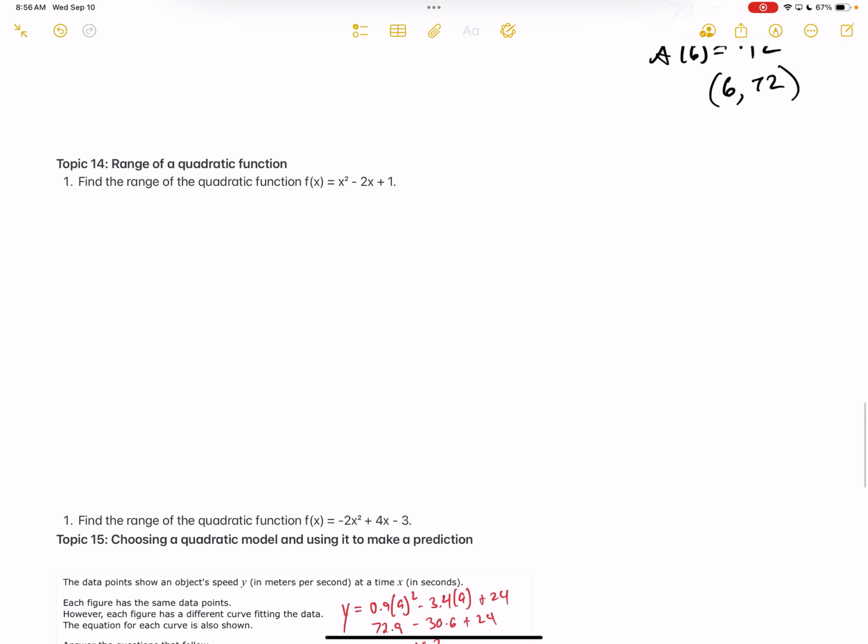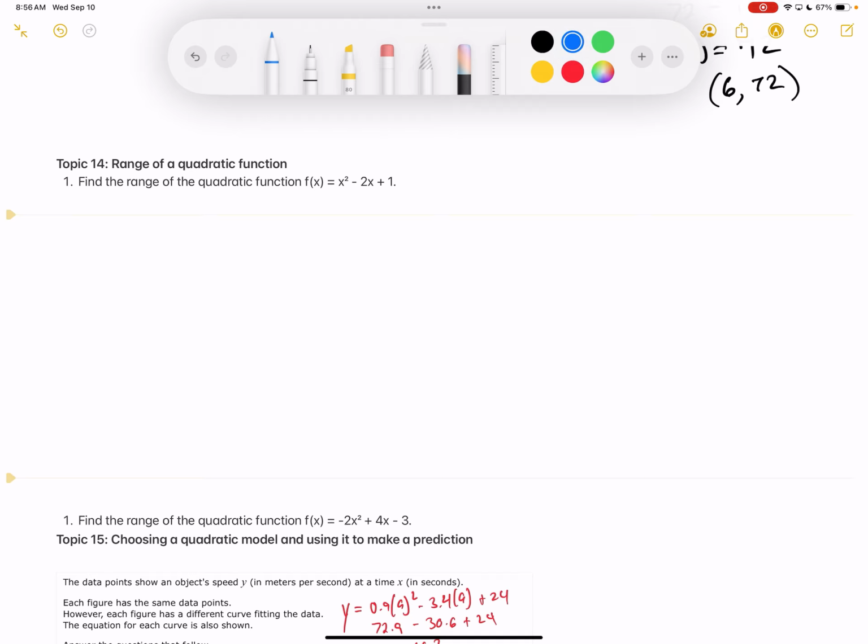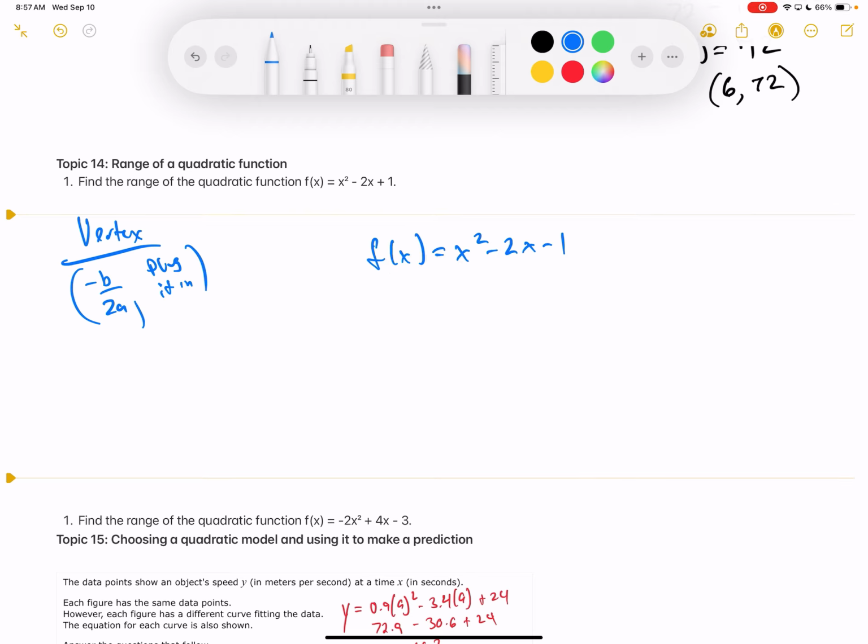The range of a quadratic function, if it does not give you the graph, find the vertex. Kind of mentioned this, but that has to do with the range. So we plug it in. I'll show you another shortcut. So here, a equals 1, b equals -2, and c equals -1.